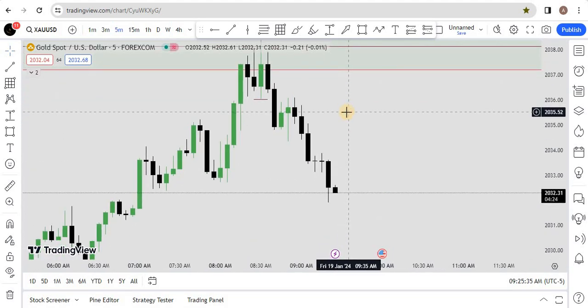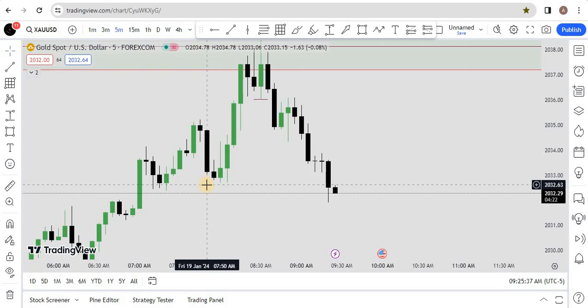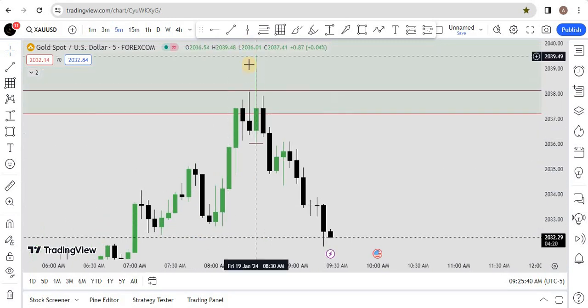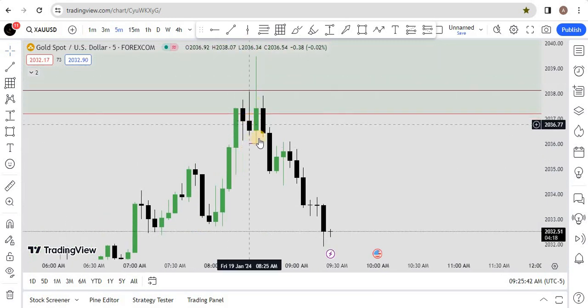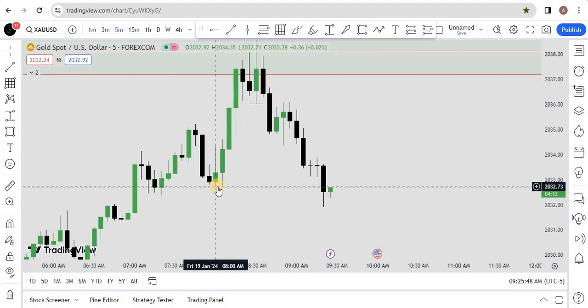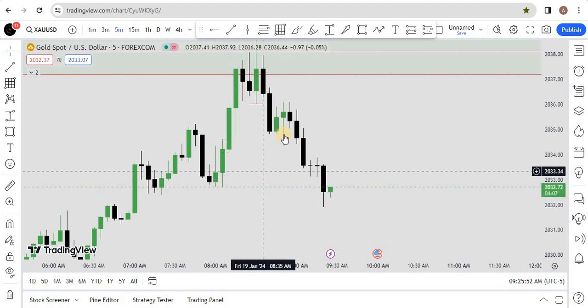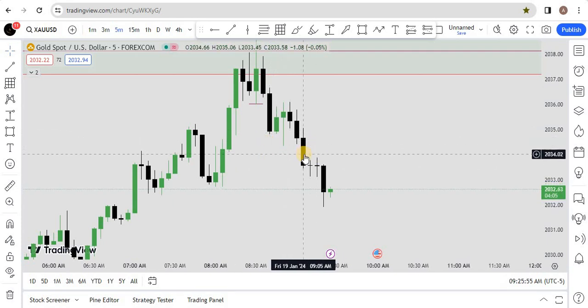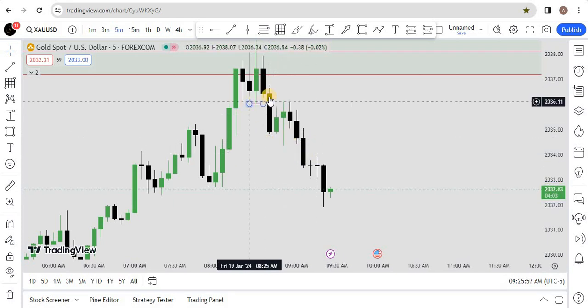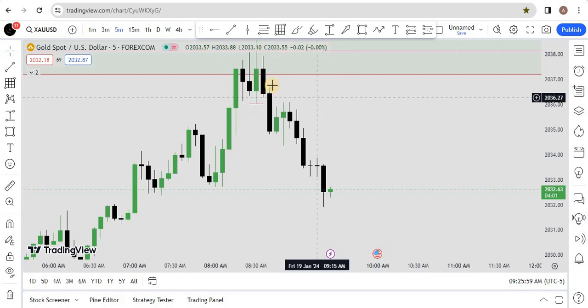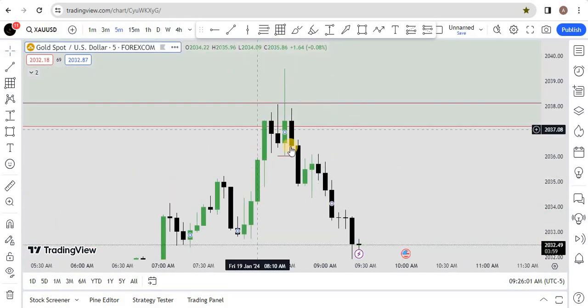Many SMC traders will consider this one a valid pullback. This also will be valid, because this candle takes the previous candle's low, so it's also valid. But sometimes they consider this one, okay, but it's already too much move that has happened and they miss the opportunity. And even if they took the trade here on this fair value gap, or if price rebalances here, they have to put a huge stop loss, okay.